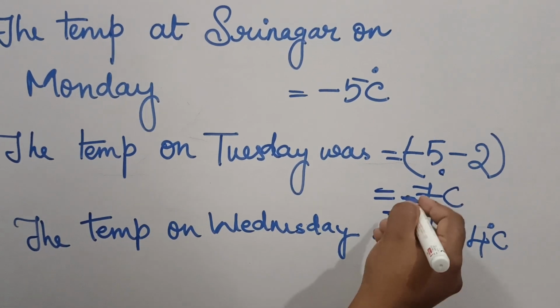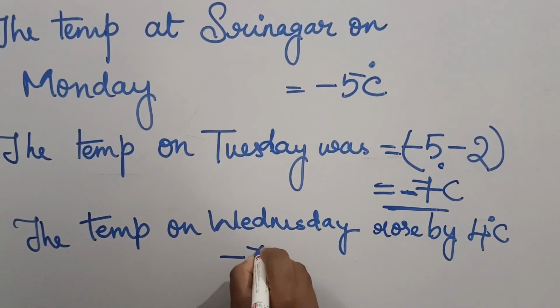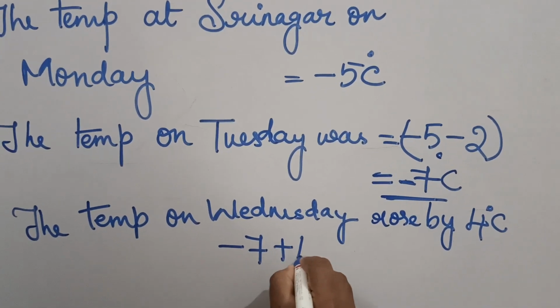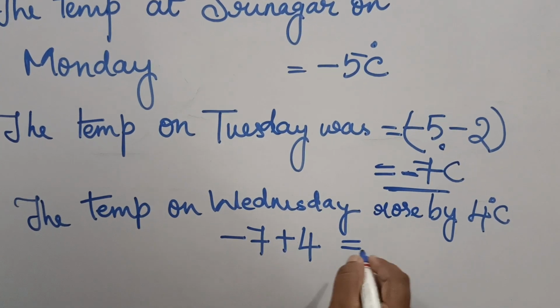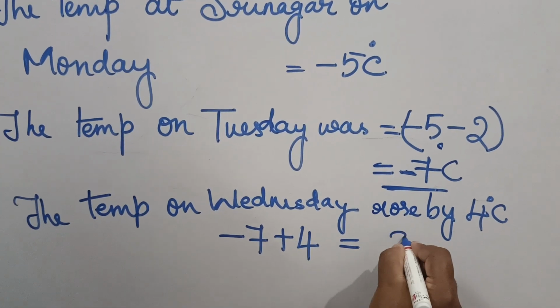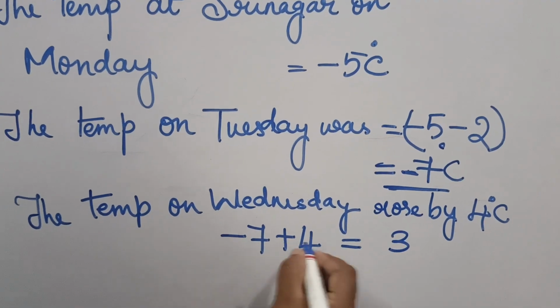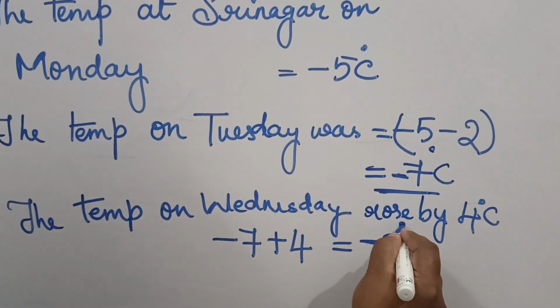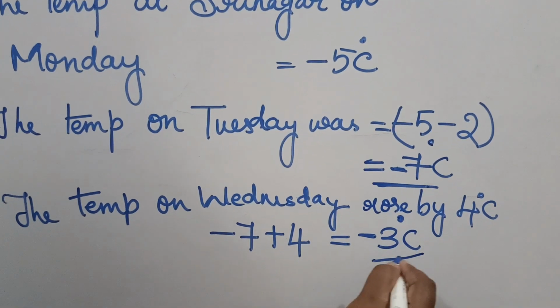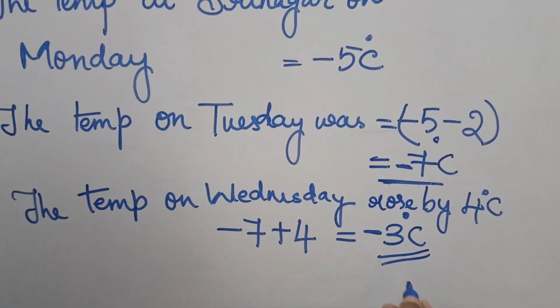So we have to add this, that is minus 7 plus 4. Now the signs are different, so you'll minus them. 7 minus 4 is 3, and put the bigger sign, that is minus. So on Wednesday the temperature is minus 3 degrees Celsius.